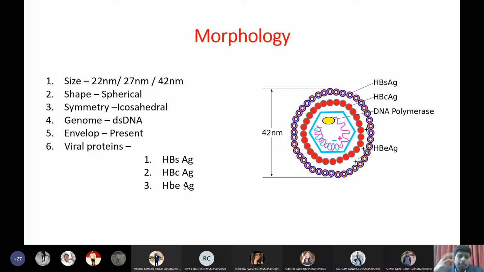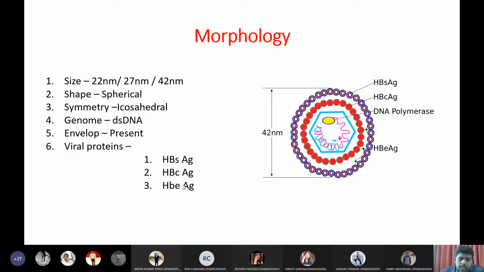Then some patients will have only surface antigen in the body. Such patients are denoted as simple carriers. Simple carriers will have surface antigen in their blood, whereas super carriers will have envelope antigen in their blood along with surface antigen. The normal carriers will have only surface antigen in their blood.